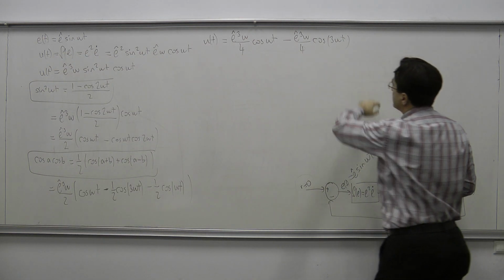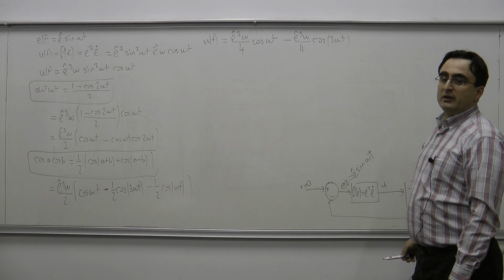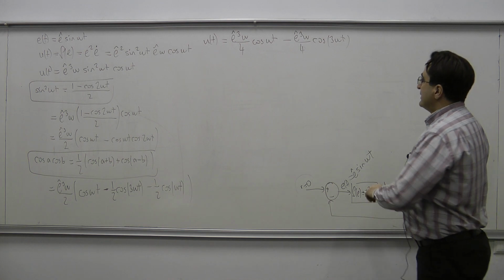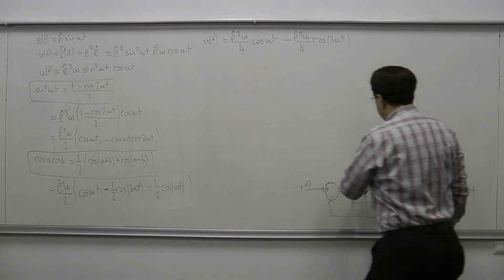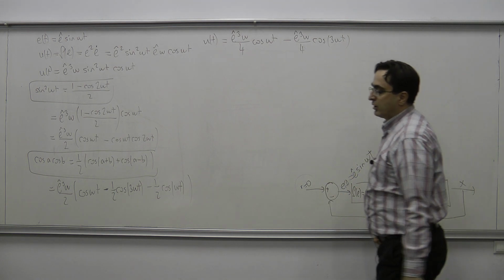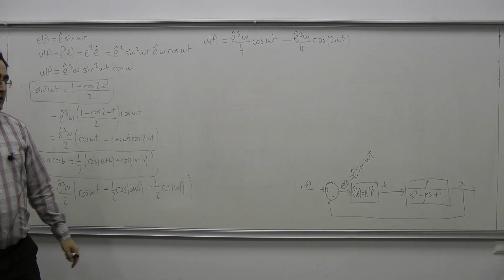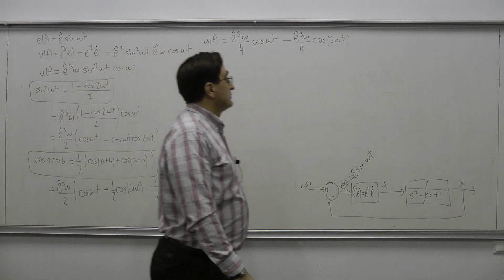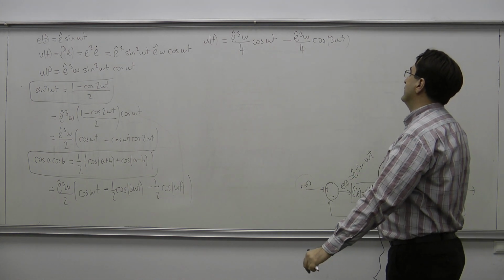You cannot get higher order harmonics like this from a linear system. That means that by looking at just that input and output, I can say that this block contains nonlinear elements because of this extra frequency output component here.